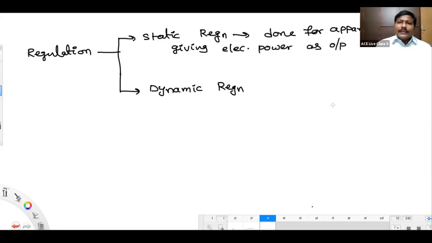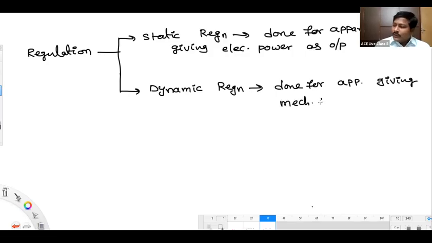Whereas dynamic regulation is done for the apparatus which are giving mechanical power as output.